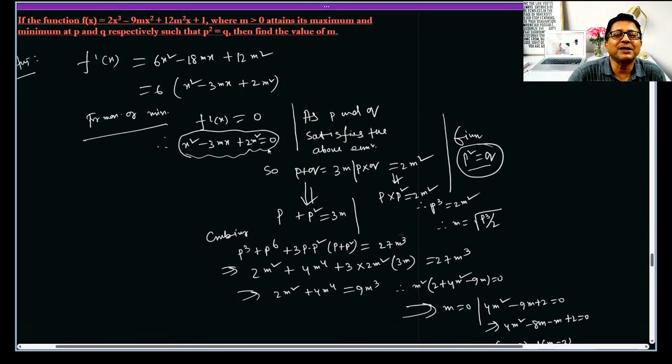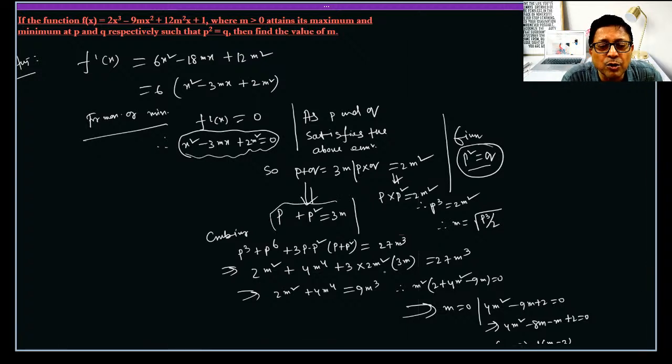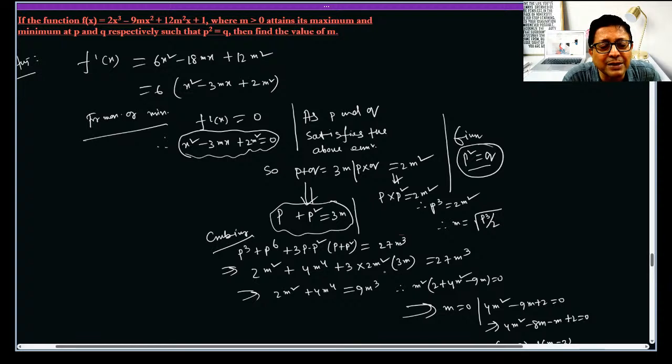So first, the maximum minimum condition I have used. Then sum of the roots, product of the roots, I hope you have understood, because it has roots p and q. Now what I did extra over there, this relation I made: cubing of two sides.